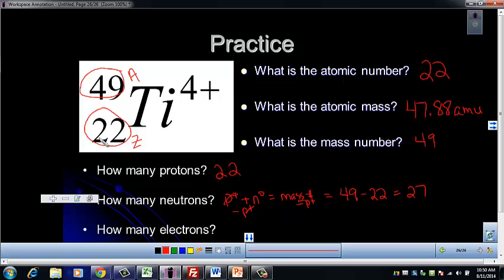So if it has 22 protons and it has 4 more protons than it does electrons, then that would mean 18 electrons. Okay? So we would take 22 protons and then subtract the charge.